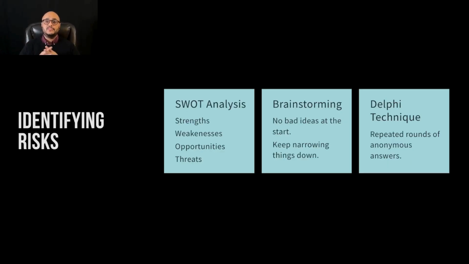And we do another round and we say, okay, based on what you know now, narrow it down. Do you have any more ideas? What do you think of what's been written? And we go through multiple rounds of that until we arrive at a narrowed down list of the potential risks we all agree on. That is called the Delphi technique.